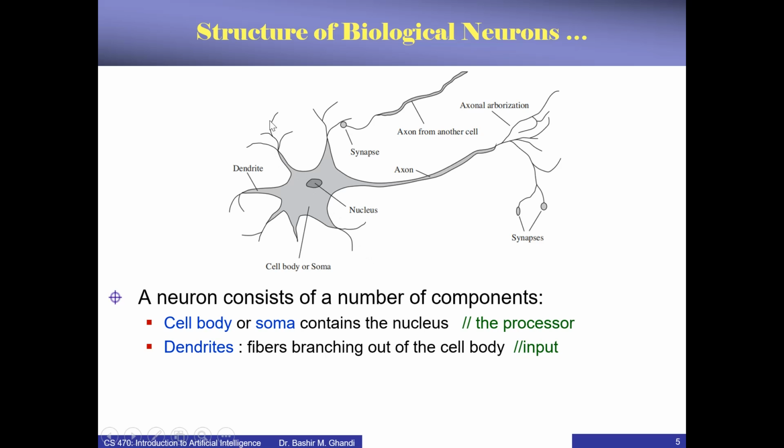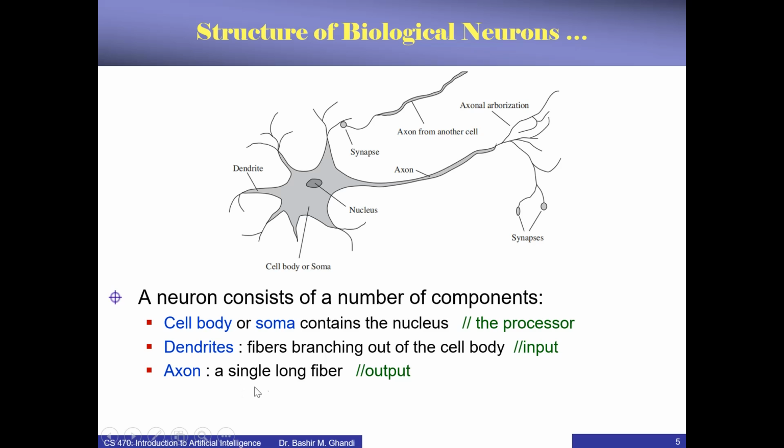Now, dendrites are what are actually used to receive information or signals or impulses from other neurons. You can see, for example, here, this is a neuron which is connected to the dendrite of this current neuron, and this is actually used to receive information from that neuron. Now, one of these dendrites is actually very long, and it is called the axon.